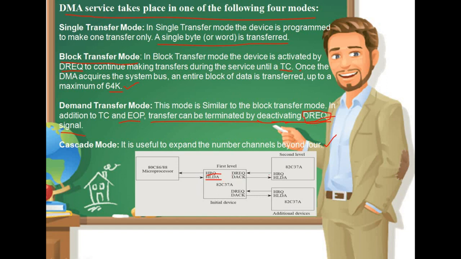Here the hold request is given to the data request pin, and the acknowledgement is sent to the hold acknowledgement pin. That means it sends a data request, and this pin will transmit the data acknowledgement, giving the information that the data has been acknowledged.